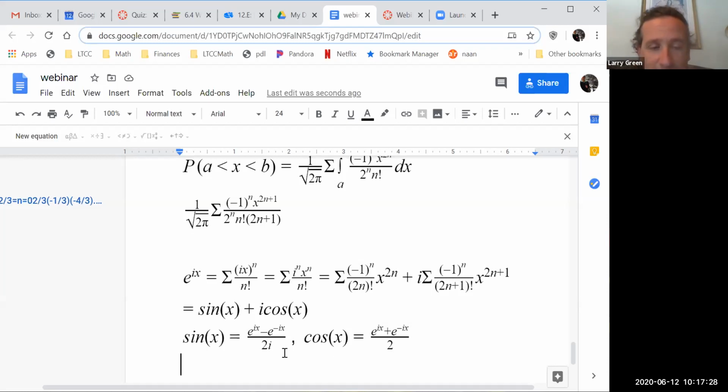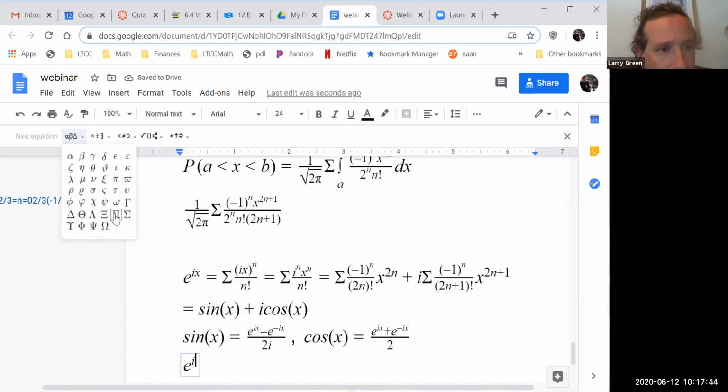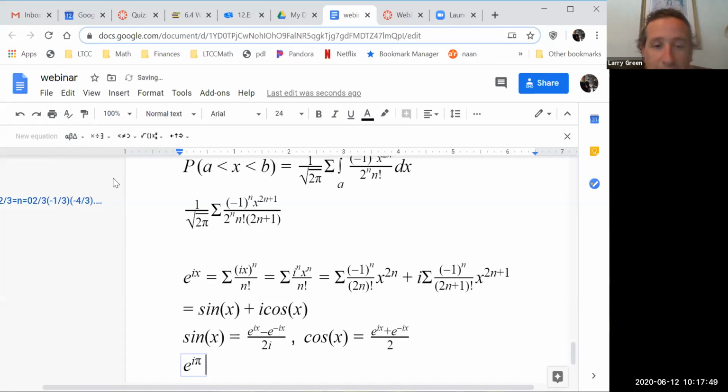And in particular, what if x is pi? Then we're looking at e to the i pi. What do you get? What's sine of pi? Oh, you know, I have this backwards.